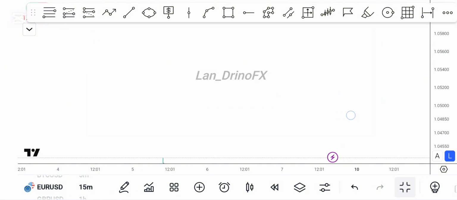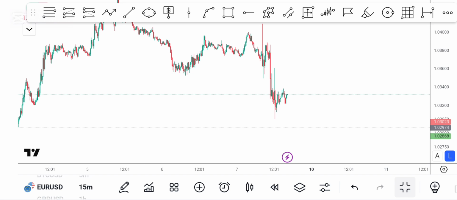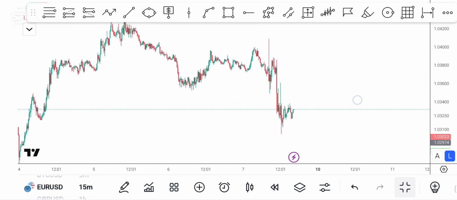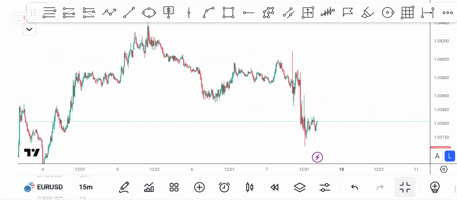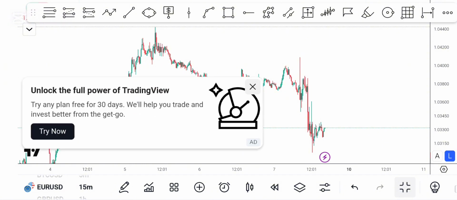Today, at the time of recording, it is the 8th of February 2025, which is actually a Saturday, depending on where you are. So this is the Euro USD live market, okay? We are going to be using the ICT power of three to test how that strategy works.